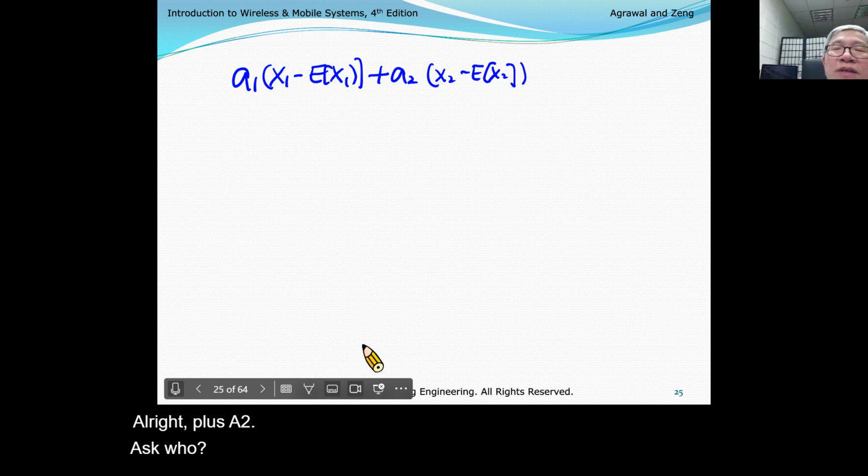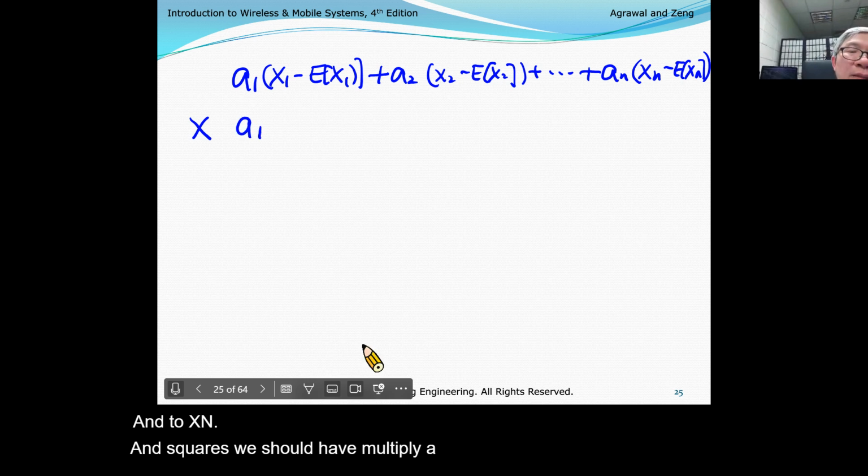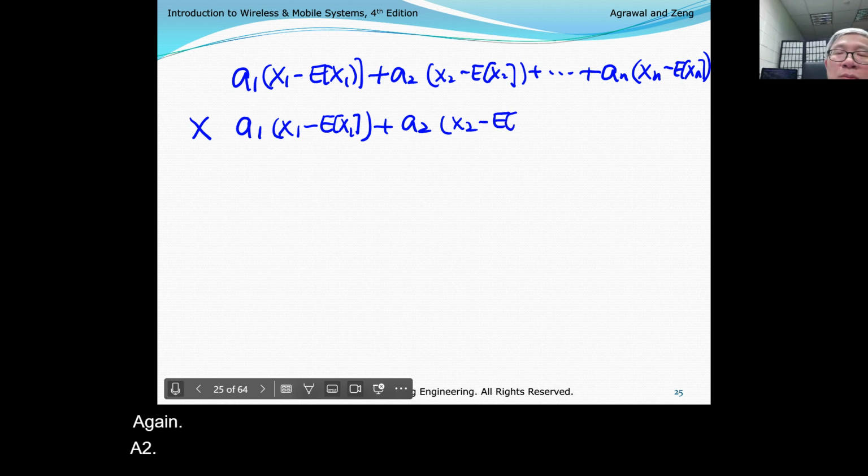So this is the previous result, and to xn, and square, so we should have multiply A1 again, A2 and AN.